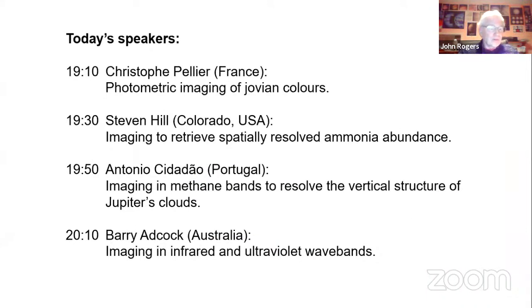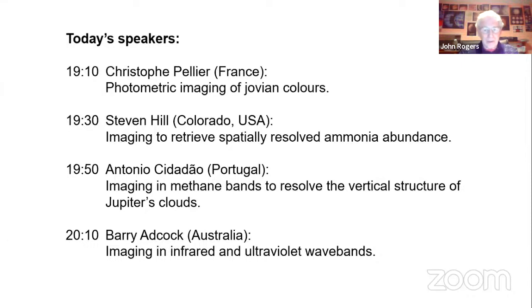So all of tonight's speakers are amateurs in this particular field and have done extensive work with carefully choosing their filters and calibrating their images so that they're a photometric standard. And then they can analyze their images by dividing them or subtracting them or recombining them in color to reveal aspects of interest.